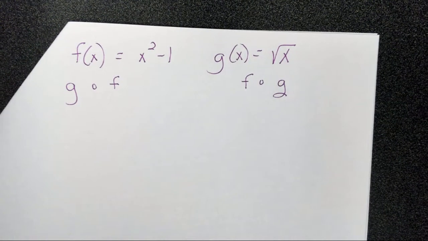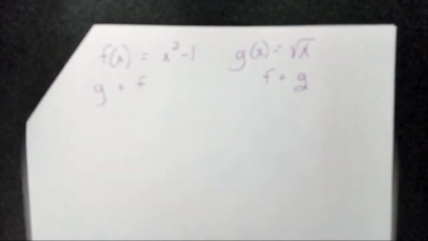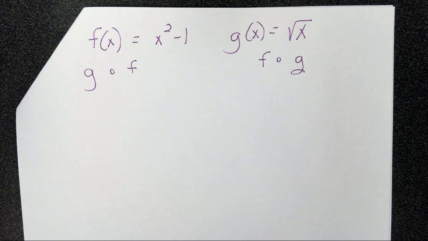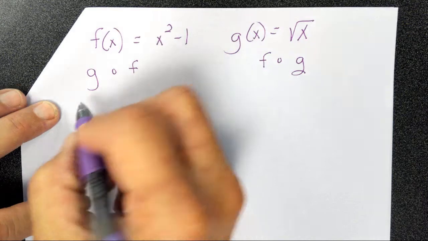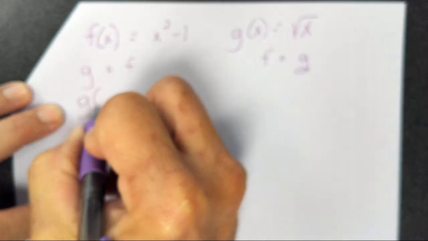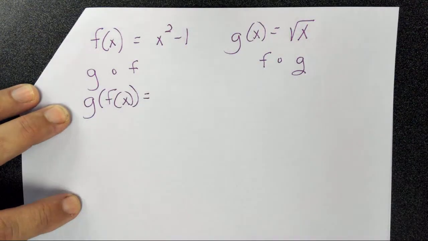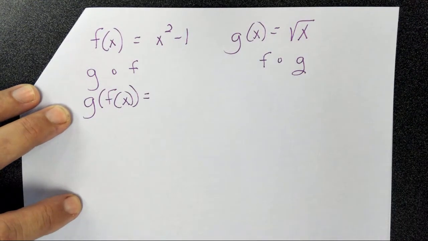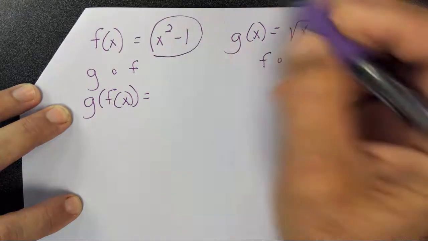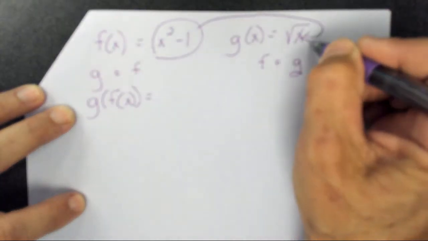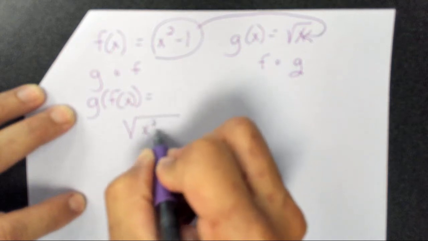G of f and f of g. And this is written on the paper so you can follow along, or you can rewrite it yourself if you want. Remember, this means g of f of x, which means f needs to go into g. So this needs to go everywhere there's an x, so it would become the square root of x squared minus 1.